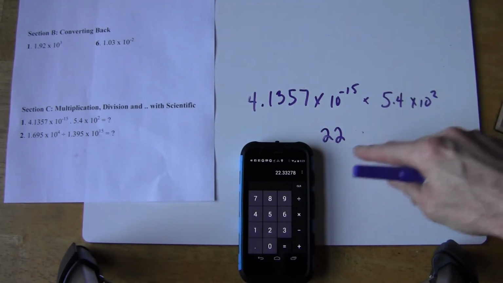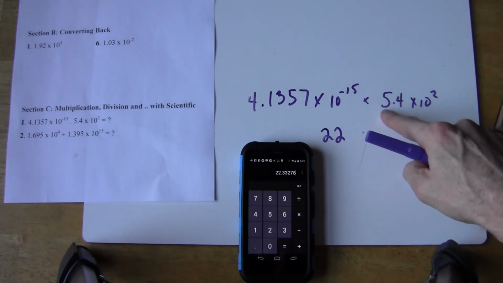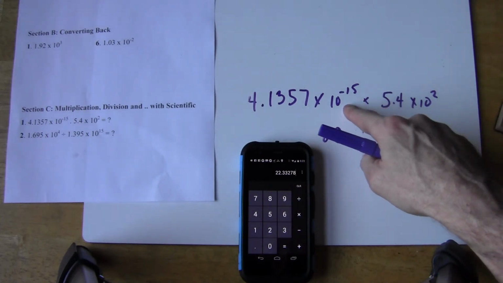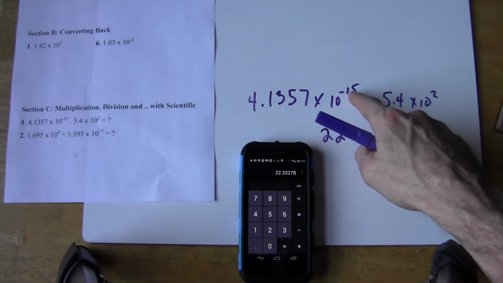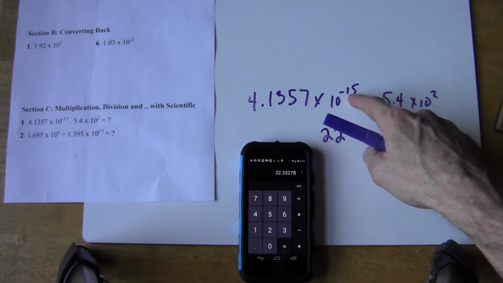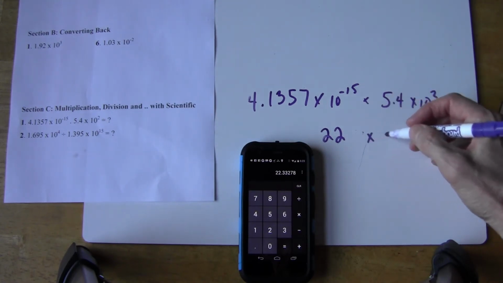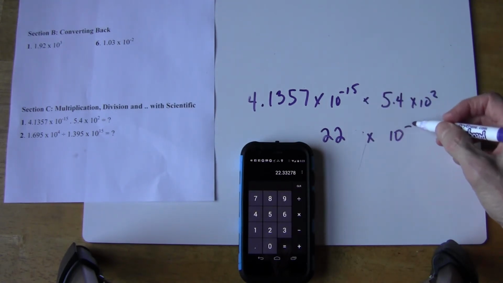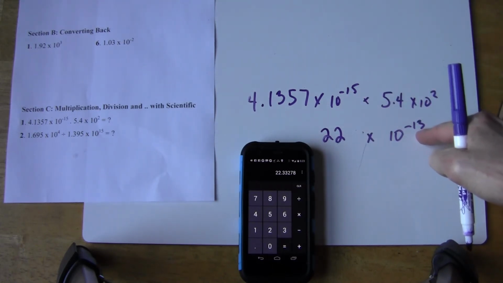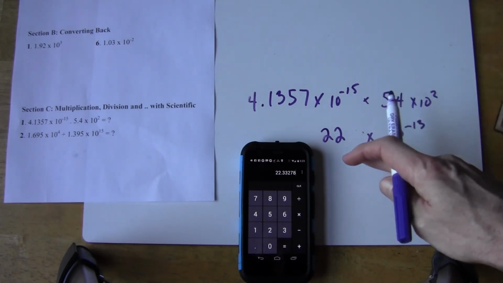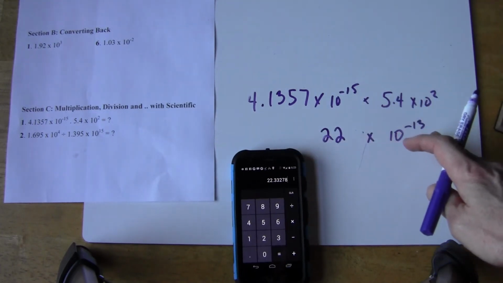I can't do the 0.3 because there's 2 digits there, there's 2 digits there. So that's the 22, and then do the 10 to the -15th and 10 to the 2nd. When you multiply, you add the powers. So -15 plus 2 is going to be 10 to the -13th. And now that's the correct answer, 22 times 10 to the -13th.